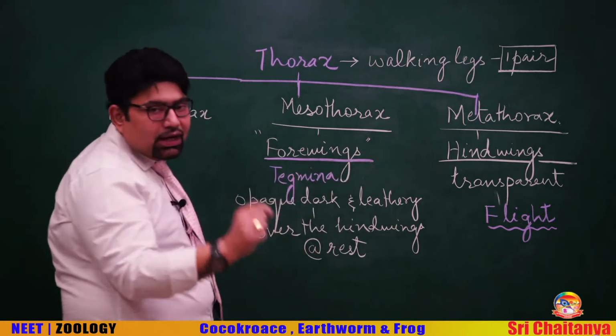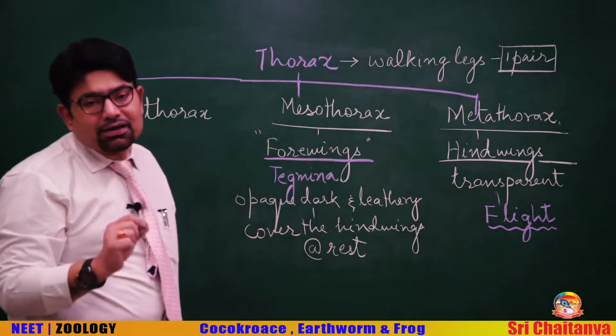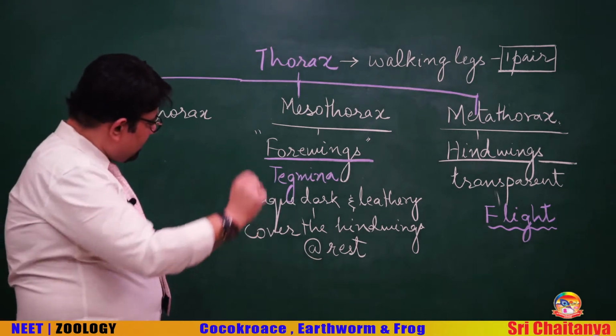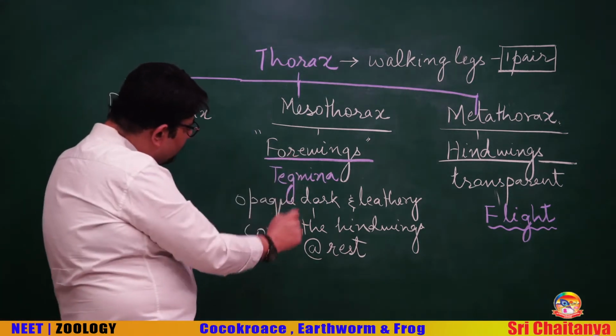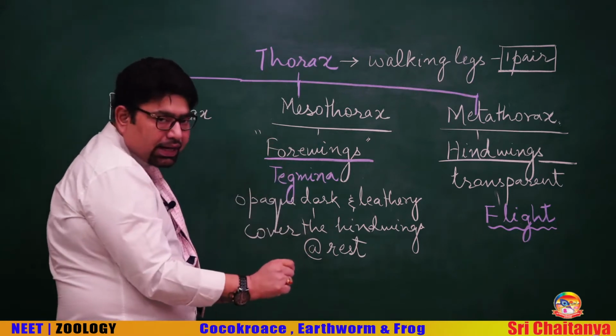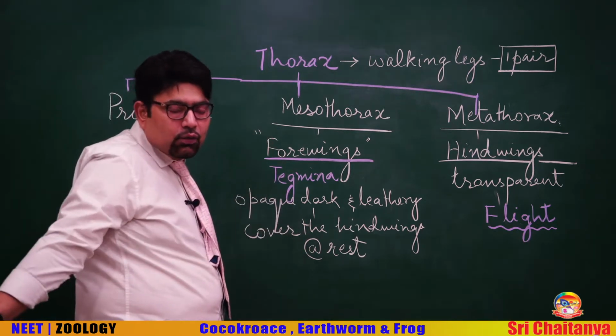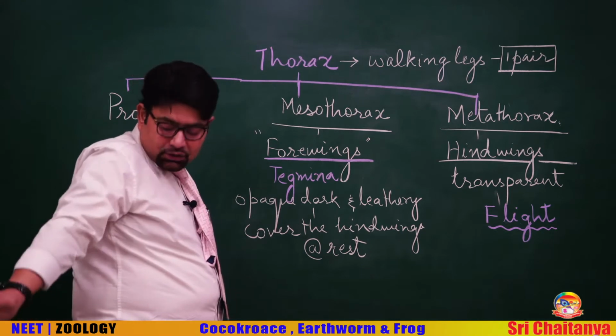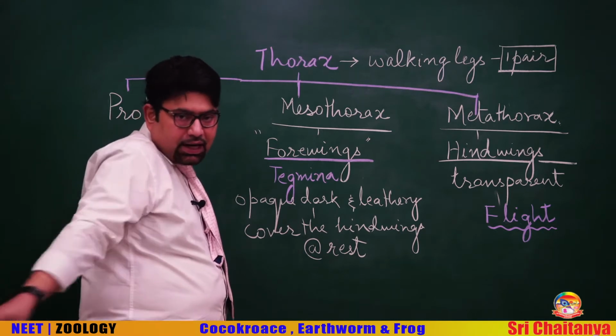Coming to the mesothorax, mesothorax has got a pair of forewings. The forewings are also called tegmina. Each forewing is opaque, dark and leathery, and it covers the hind wing when at rest. It only protects the hind wings.